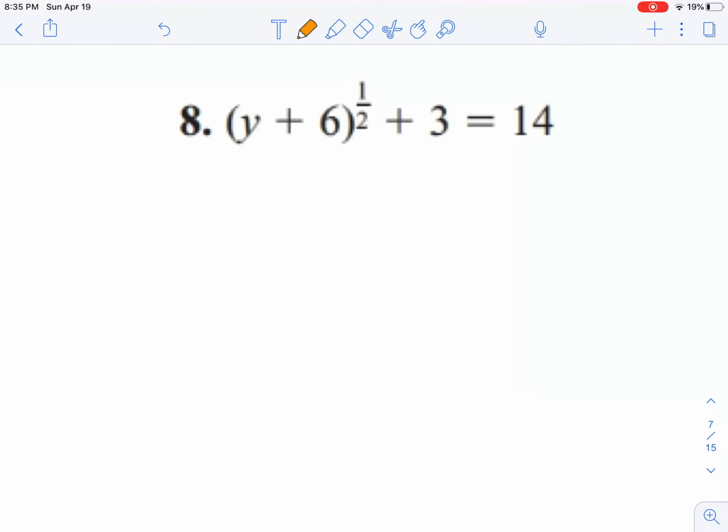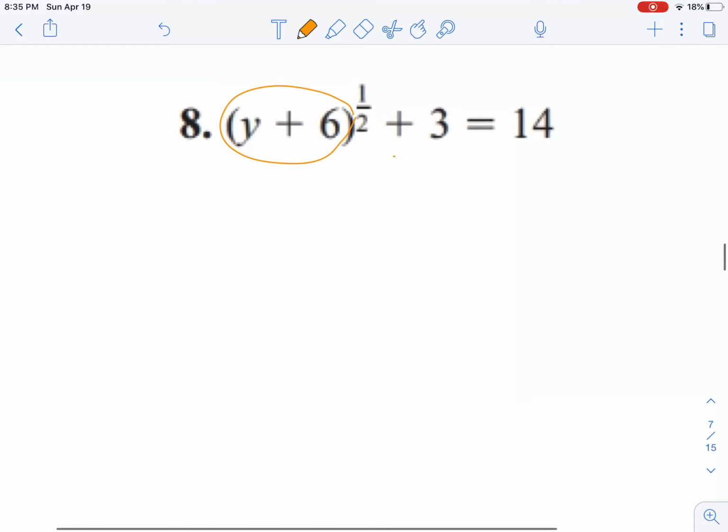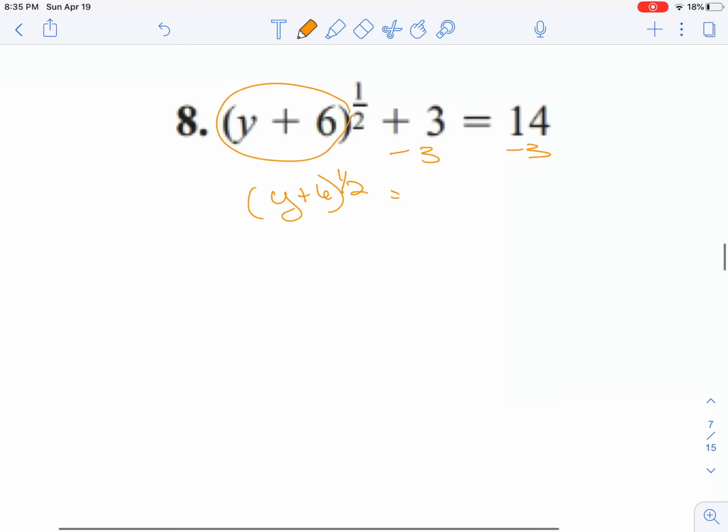So the y is raised to the 1/2 power, so we have to isolate this. The first thing we're going to do is subtract 3 from both sides. Y plus 6 to the 1/2 now equals 11.